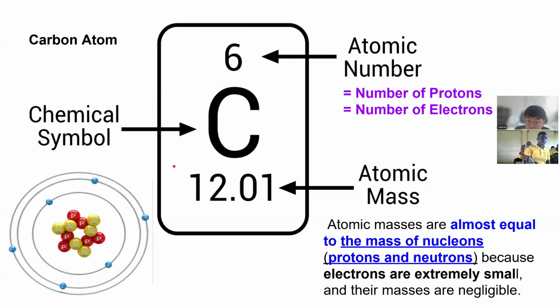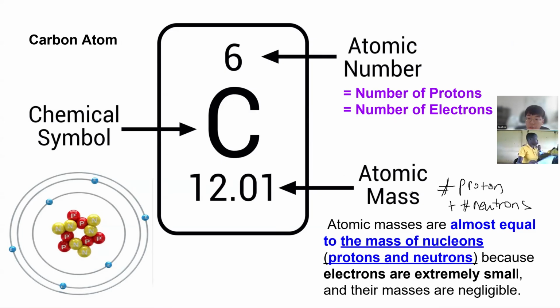The atomic mass is almost equal to the number of nucleons, meaning the number of protons plus neutrons. And because electrons are very, very small, their masses are negligible, meaning they basically have no mass. So atomic mass is essentially equal to the number of protons plus the number of neutrons, right?